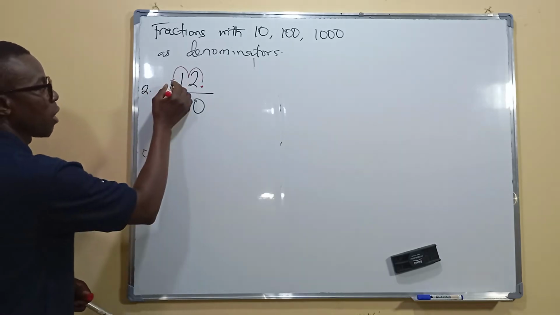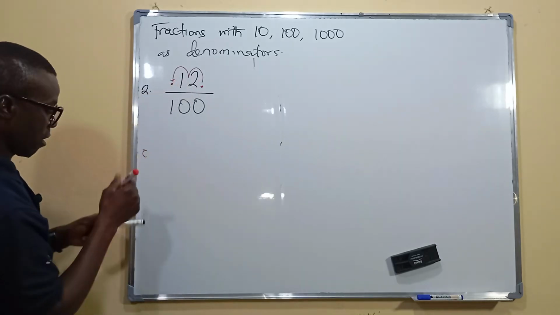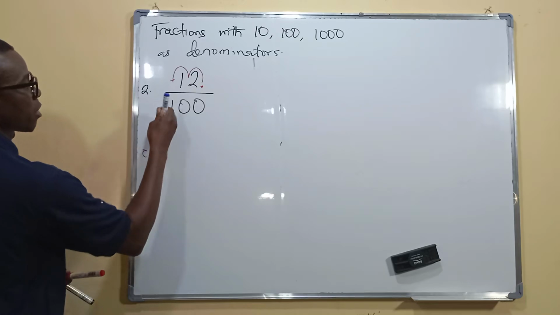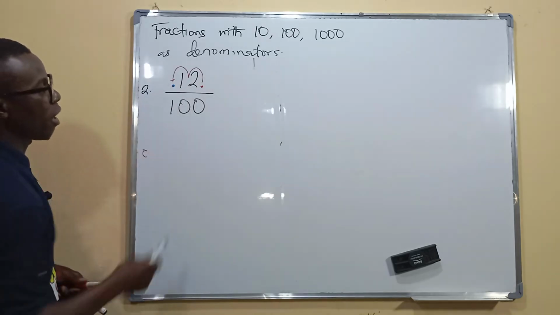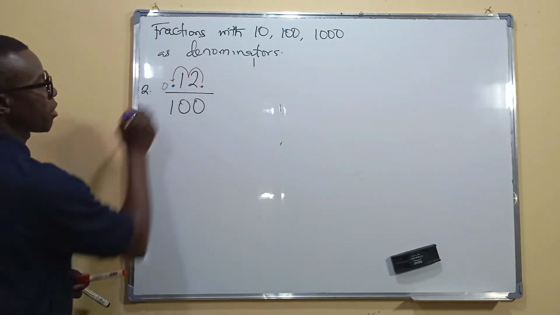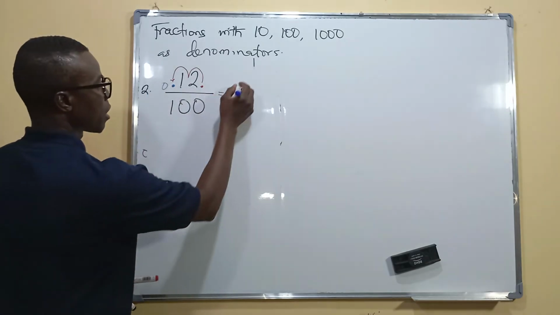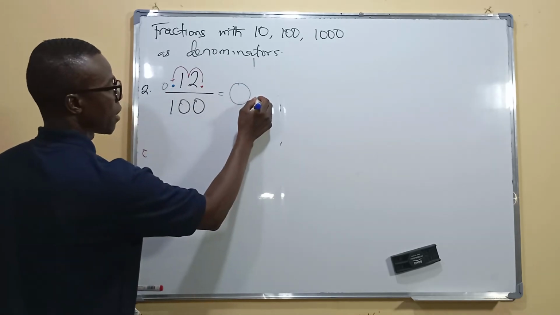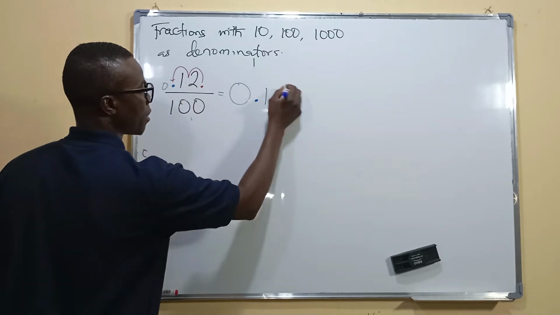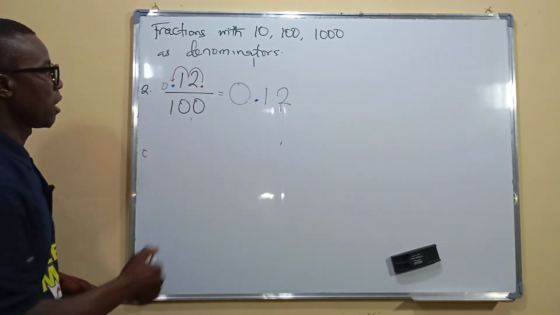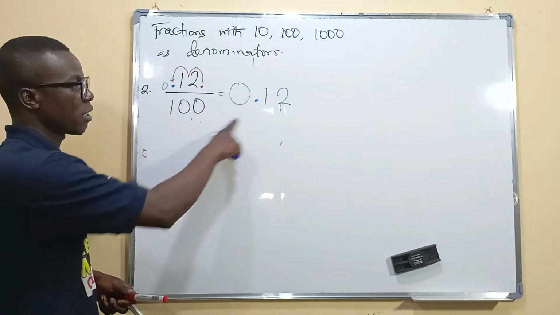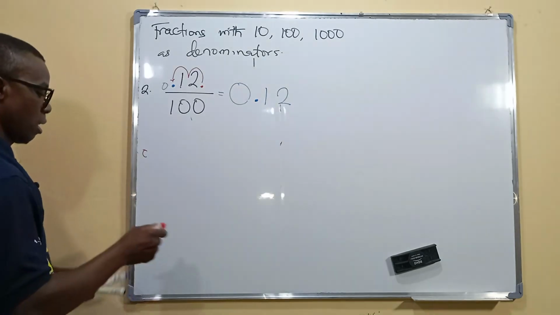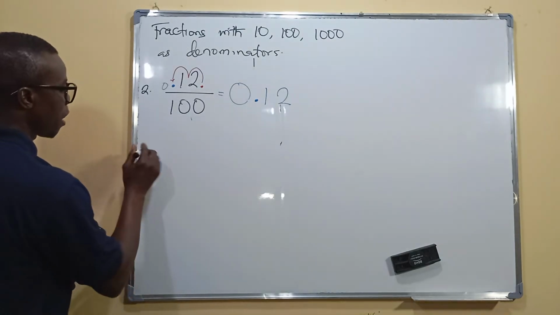I now have my point here, and then I'm going to have 0 here. So this becomes 0, then the point, and then 1, 2. So you can see that 12 over 100 is the same as 0.12.